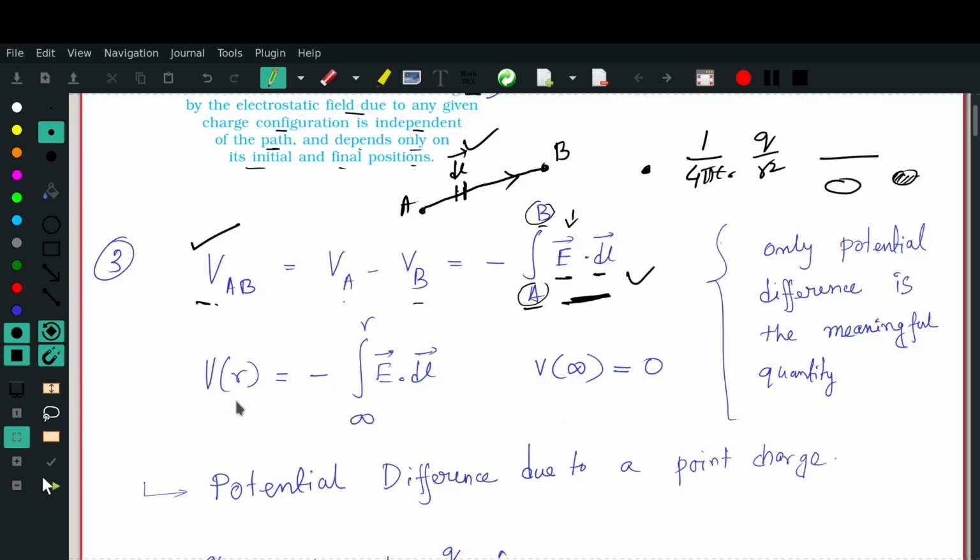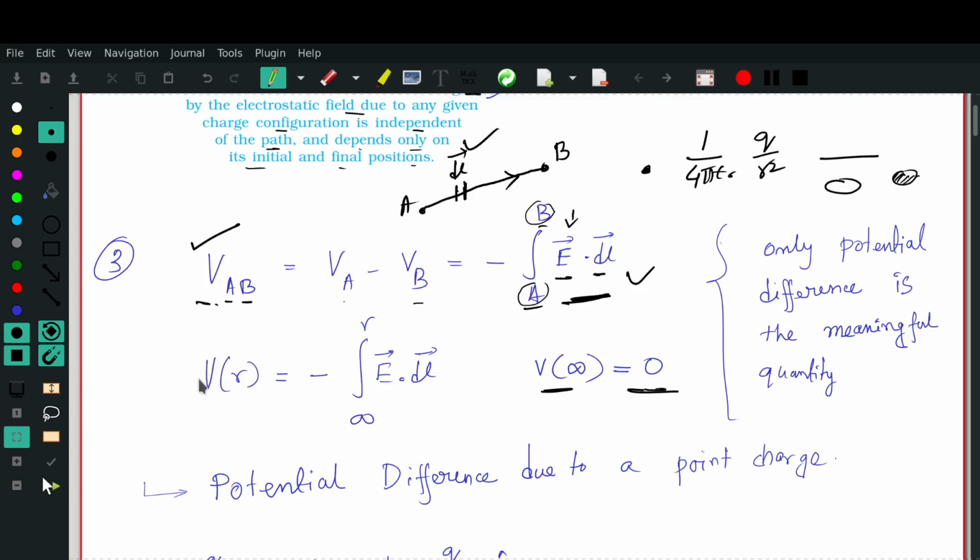There is another important thing that you will see: in books they don't always mention 2 points A and B. They only write the potential as a function of r, as a function of position. Why is that? As I mentioned before, you will always have to measure the potential with respect to some point. Mostly in the books they assume that the potential at infinity is 0, and with respect to that 0 they measure all of the potential differences.